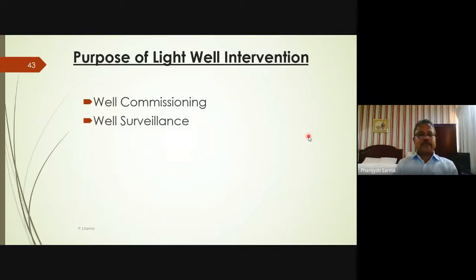Then we need to carry out well surveillance activities, for example logging activities, production logging. It will tell us the contribution from the different zones. So this is another objective of light well intervention. Then preventive maintenance. With light well intervention, we can do preventive maintenance of the well. It could be the upper completion, it could be the lower completion.